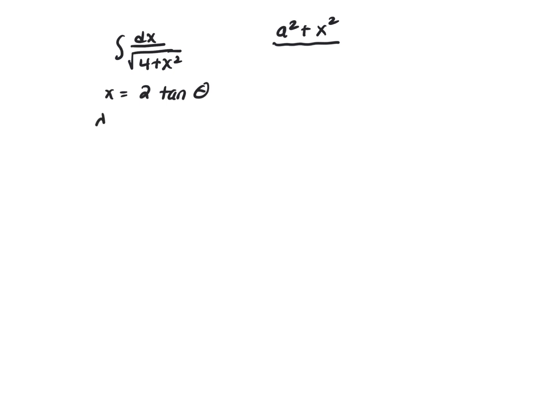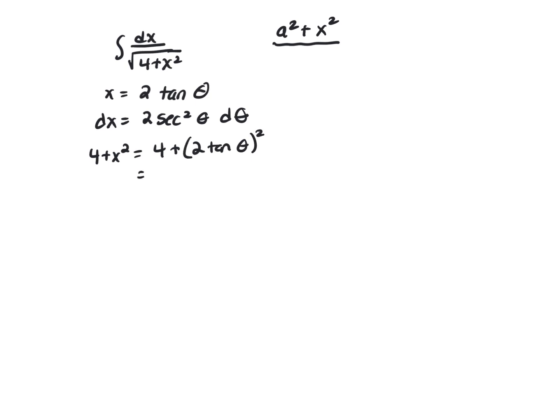Now take the derivative. That will be dx equals 2 secant squared theta d theta. And now let's change 4 plus x squared to be in terms of theta. 4 plus x squared will be 4 plus, what is x? 2 tangent theta squared.